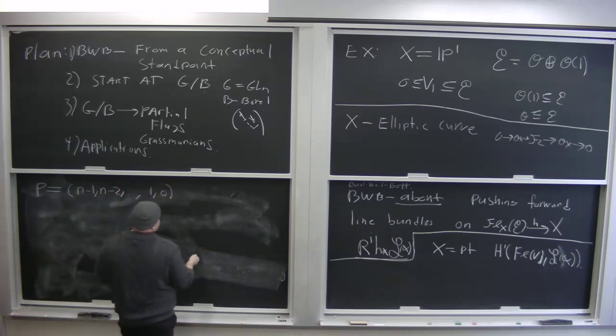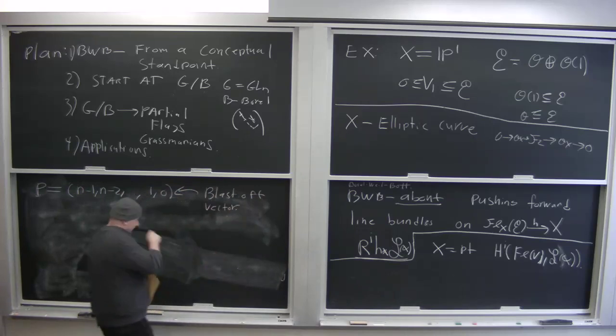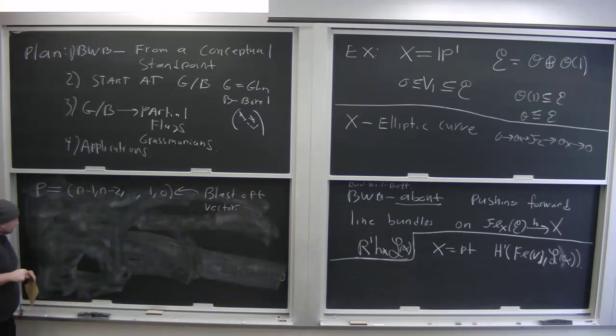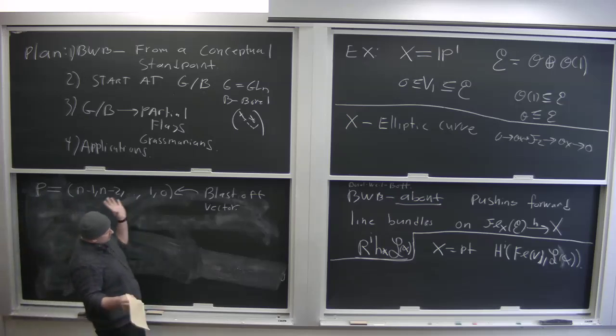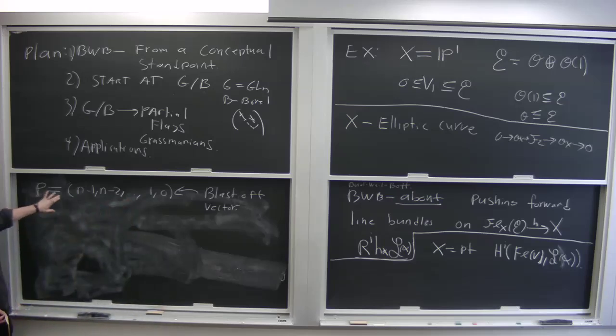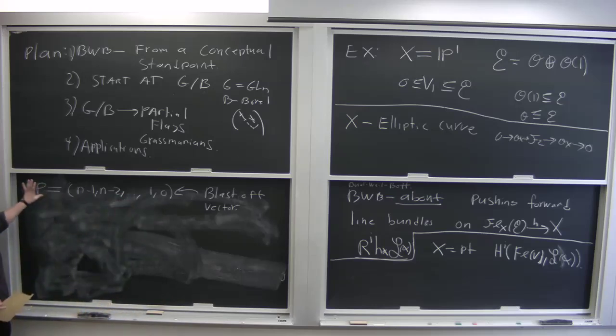This is maybe the countdown vector, blast off vector. I've heard it called various things. In the more algebraic group setting, for reductive groups, it is the sum of the half weights, but we don't need to know anything about that. We just define it like this.